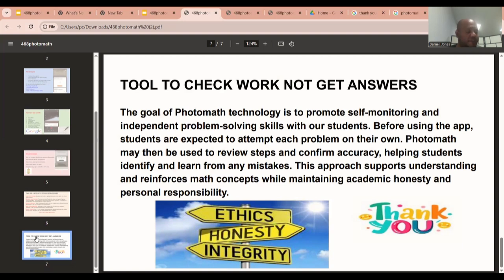Thank you very much. And I have PhotoMath right here on my phone, and I have a math workbook right here, and I'm just going to do a little short demonstration and aim the camera on problem number one. Okay, it scanned it.